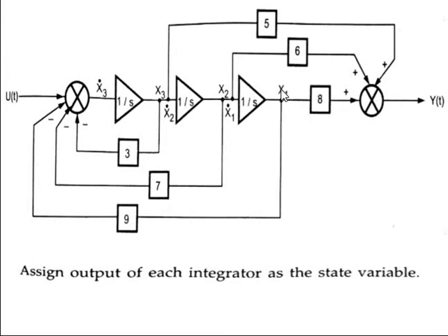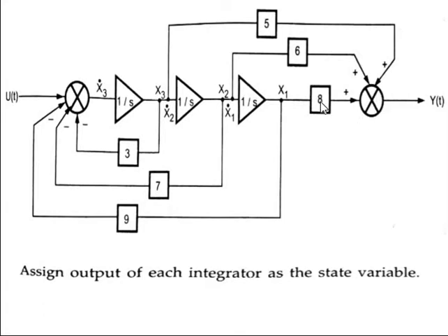So this is the denominator part, with integrator and block, integrator and block, integrator and block. Now I want to add the numerator, so 8 is directly connected to the output summation. Why?